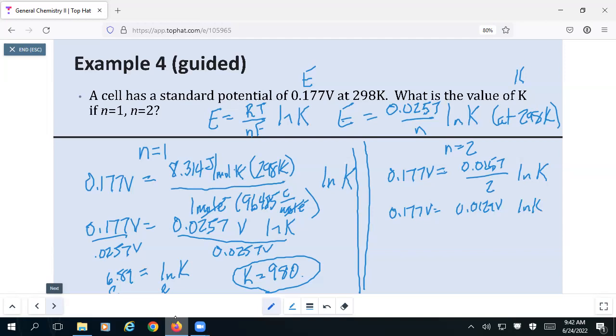So dividing each side by 0.0129, we get 13.7 this time.